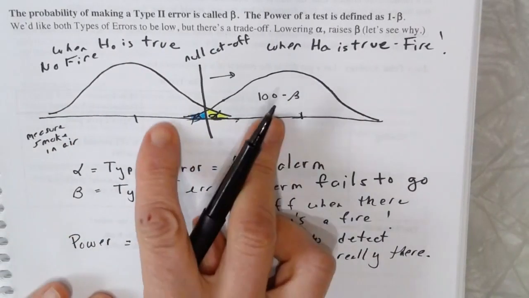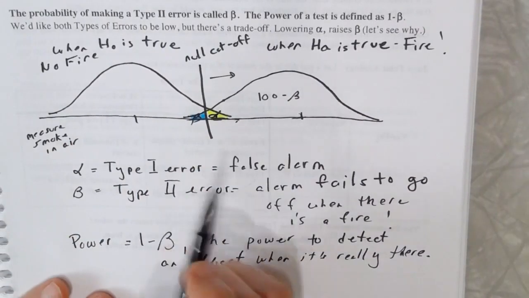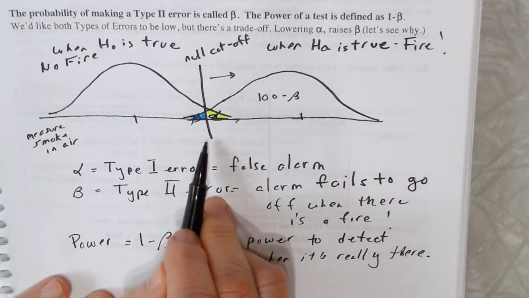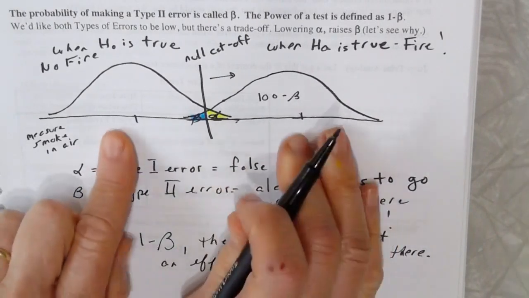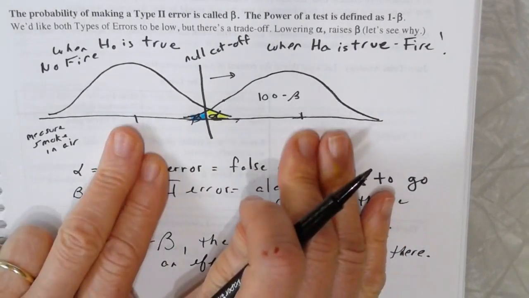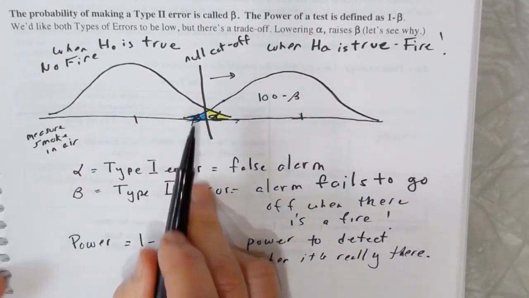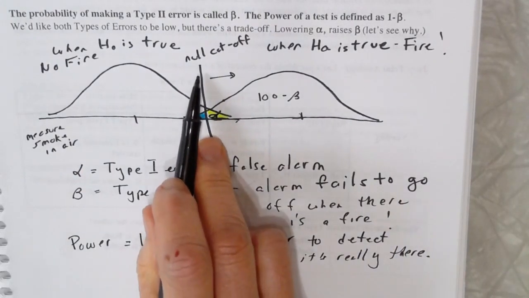But apart from doing that, given that this existing detection system can't be changed, let's just say that's what we have, well then what we can do is move this null cutoff.